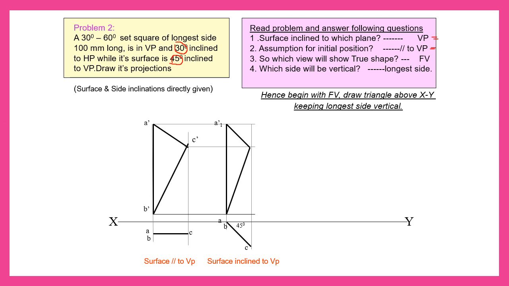That is the second front view, and we need to get the final front view, where the side is inclined 30 degree to HP. Inclined to HP will be seen in the front view, so the 30 degree inclination will be in the front view.